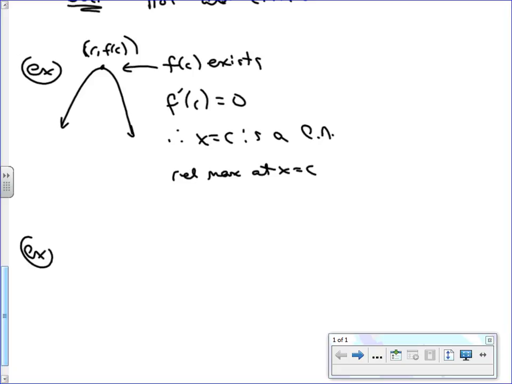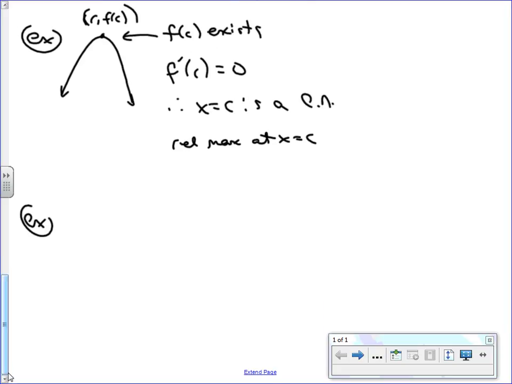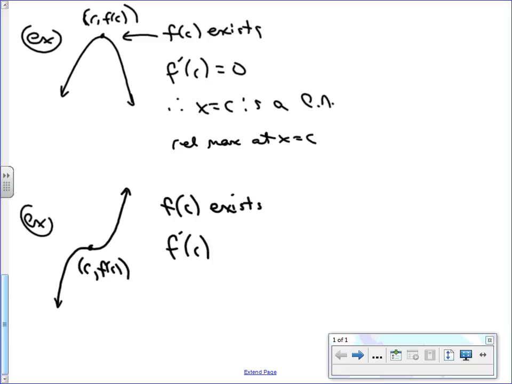Okay, so let's take a look at one where it's not a relative max. So here's our point C comma f of C again, and f of C exists. There is a point there, and f prime of C equals 0.